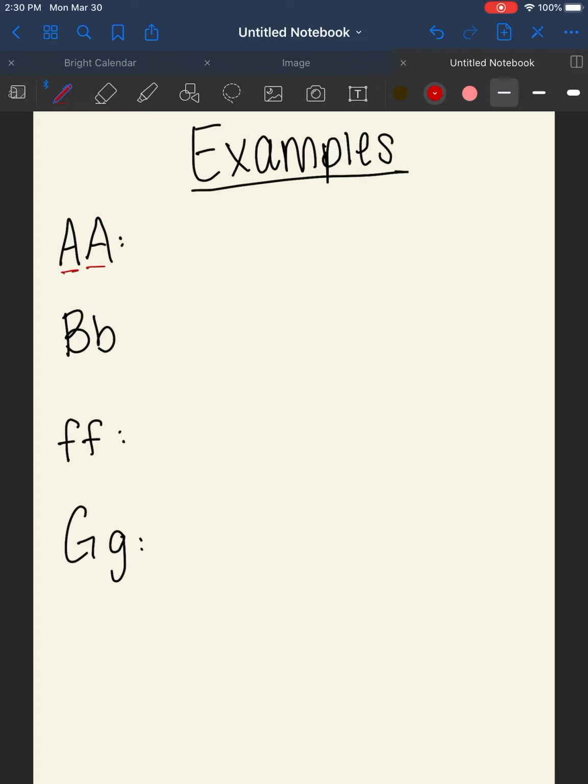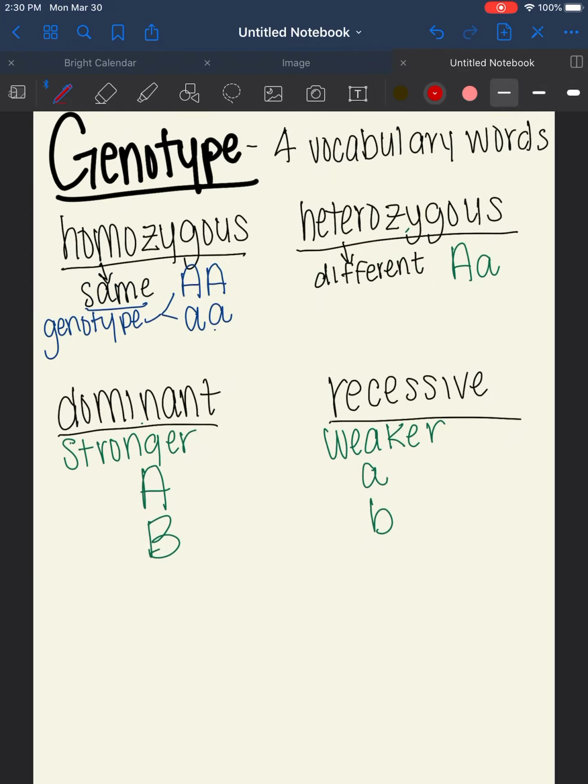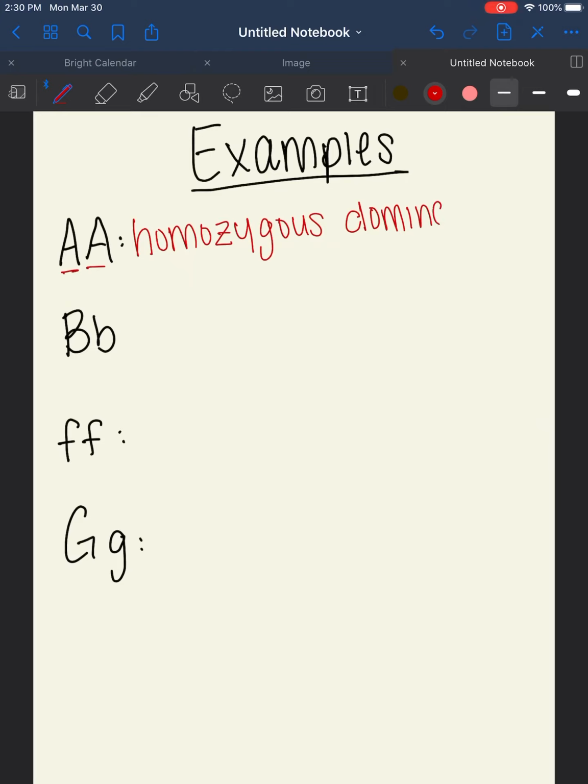So since they're the same size, I know they have to be homozygous. Okay, and homozygous what? Since they are both big letters, since they are both capital letters, it is going to be homozygous dominant. Let's put dominant, okay.